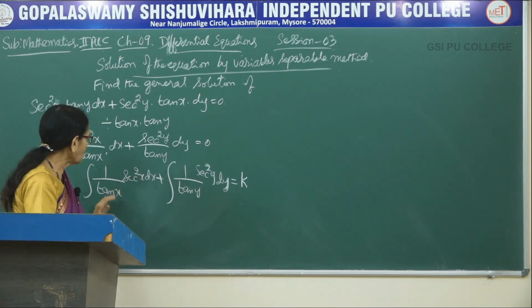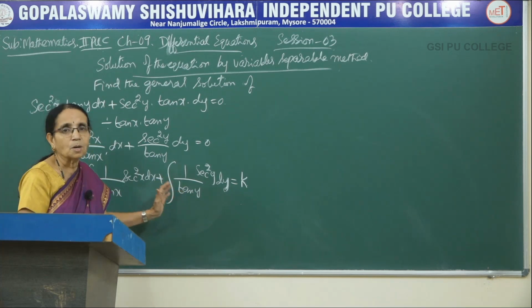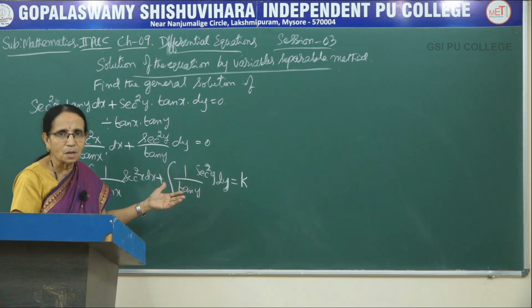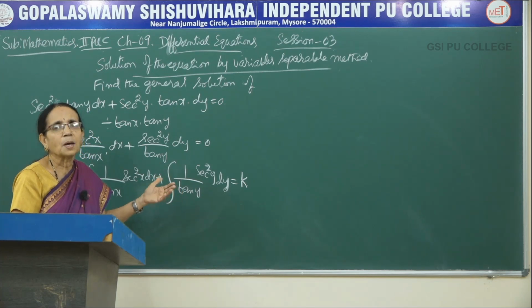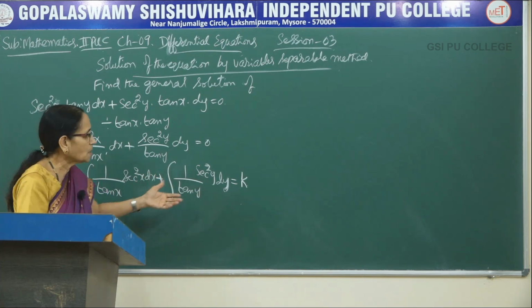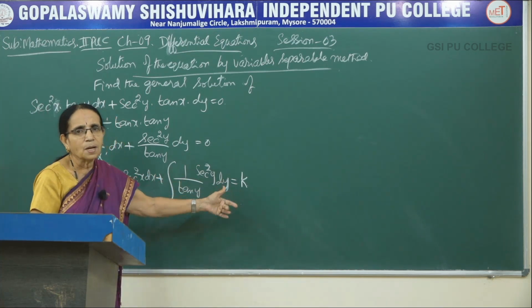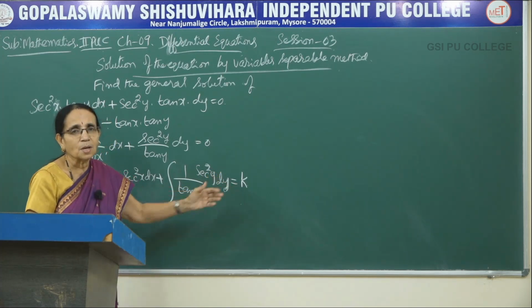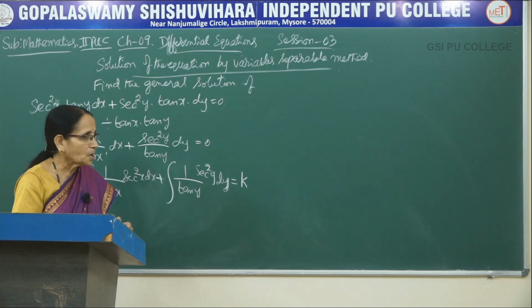So 1 by t dt becomes a logarithmic function. Whenever we come across a logarithmic function, if possible we make use of the laws of logarithm, the first law, the second law or the third law. Since it is an arbitrary constant, I can take it as log of c, so that we can make use of the law of the logarithm.